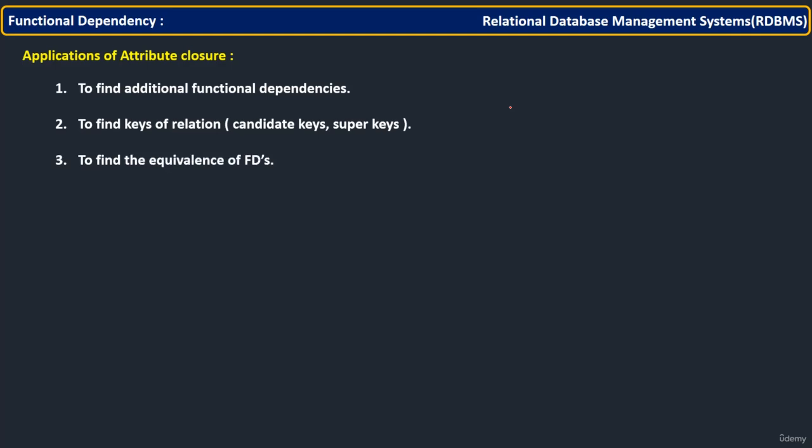And then we can find the equivalence of FDs. This is exclusively important whenever one relation has two different sets of FDs, which we will see very clearly. If you have two different sets of FDs from the same table for the same purpose, you have to compare them to see whether both are the same or different.